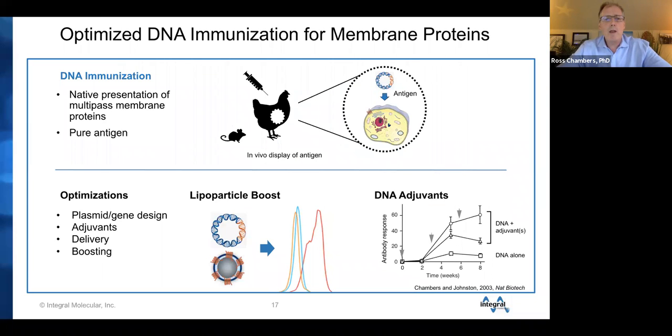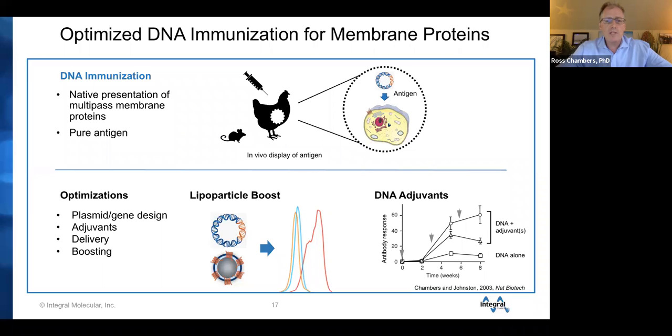Now, while we're big fans of DNA immunization because of the native presentation of the antigen, and it's a pure antigen, only one thing is displayed, I would say that it's not always trivial to use DNA immunization. There are many practicalities to deal with. To really optimize this and make it work well, you've got to think about the design of the plasmid, the design of the gene, the design of all the elements on that plasmid to ensure that it's highly immunogenic when you deliver into cells.